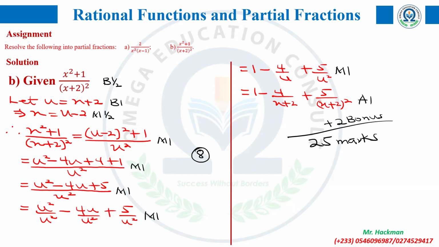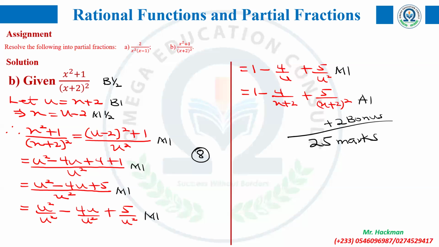If it is improper, then ordinarily we have a particular way of dealing with it. But because of the advice I gave you yesterday, anytime you are given a rational function and you realize that the denominator contains only a linear repeated factor, only one factor, with no other factor attached, but that factor is repeated, use the substitution method.